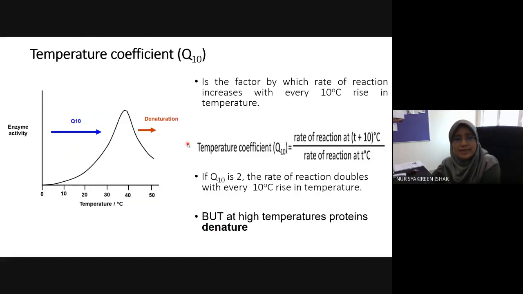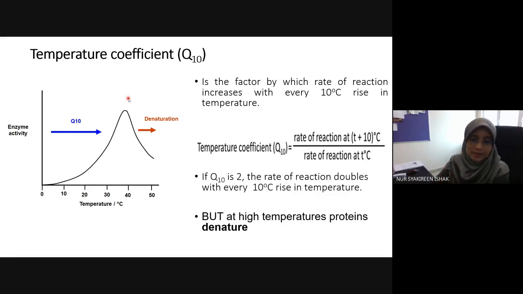So this slide explains the Q10 temperature coefficient. Here, the optimum temperature for the enzyme to work is 37, for example. So this is a graph that can represent an enzyme within your body.